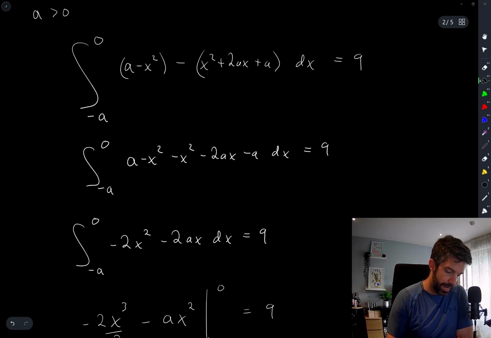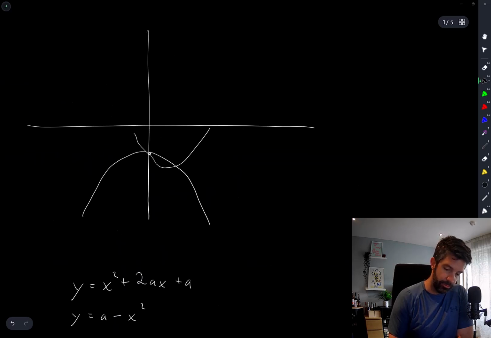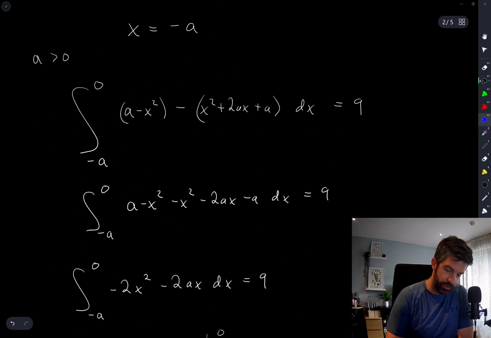If we assume a is negative, then we're in this situation, and we have to switch the order of the integral. So to compute the area, we would have to integrate from 0 to negative a. And keep in mind, because a is negative, negative a will be positive.